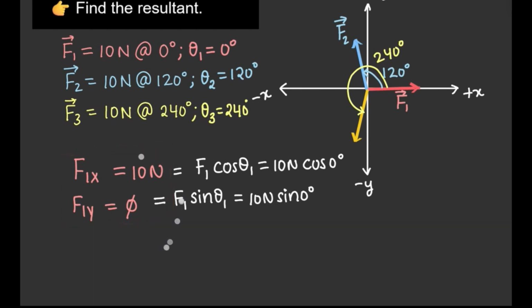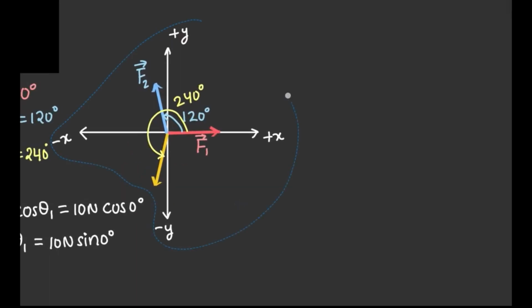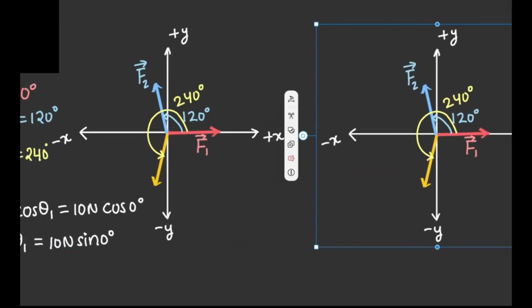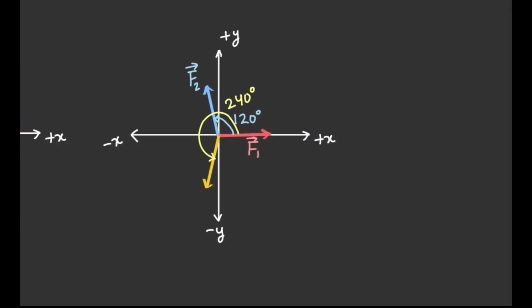Moving on to force F2. We are now going to find the x and y components of the force F2. We're going to delete everything from this diagram except for the x and y coordinates and the force F2. Here we go.